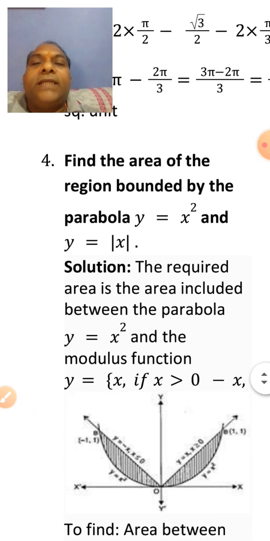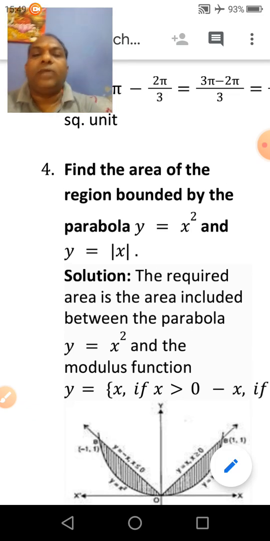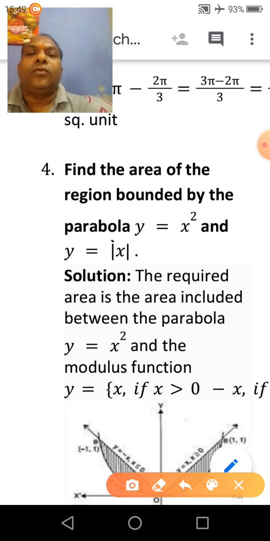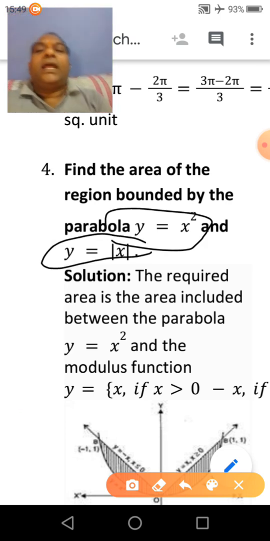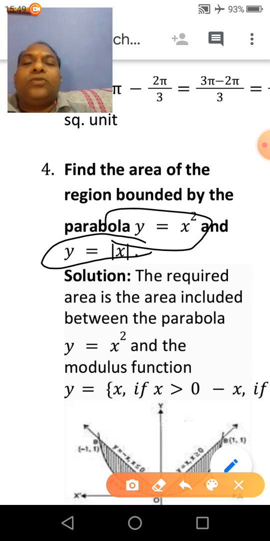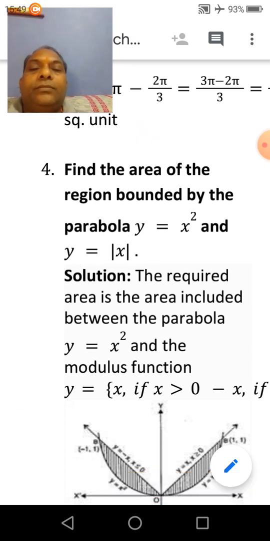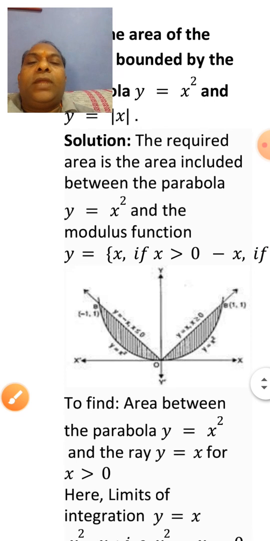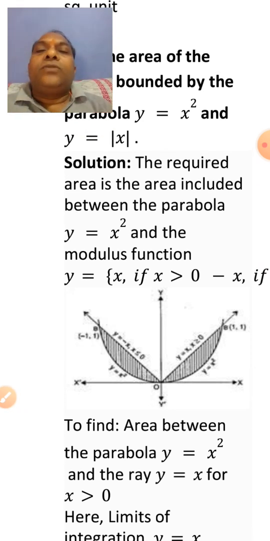Now next example. Find the area of the region bounded by the parabola y is equal to x square and the line y is equal to mod x. So y is equal to mod x can be written as y is equal to plus minus x. Clear? Here the parabola is y is equal to x square, that is, x square is equal to y.